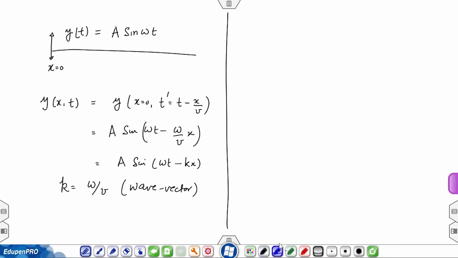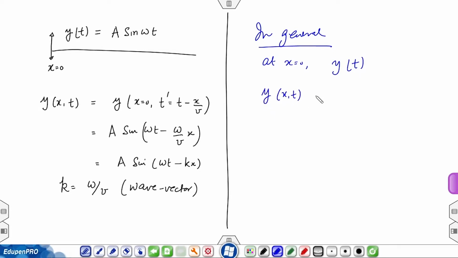In general, I can have at x equals 0 a general time dependence y t. It could be any other function rather than being harmonic, and then the solution at y x t would be equal to y at 0 at time t prime equals t minus x over v, which will become then y of t minus x over v.